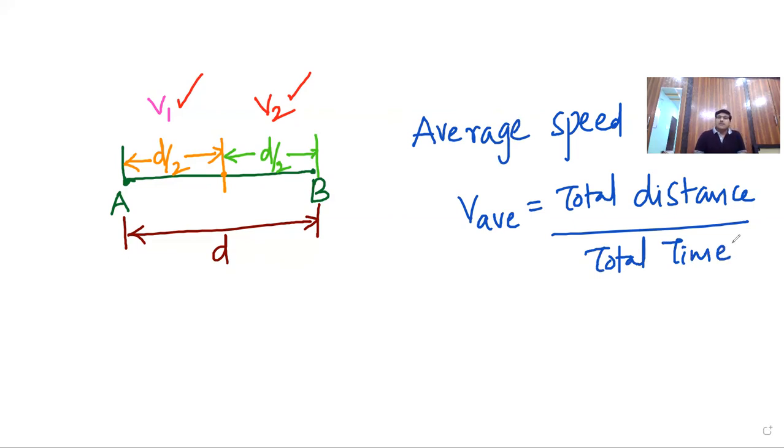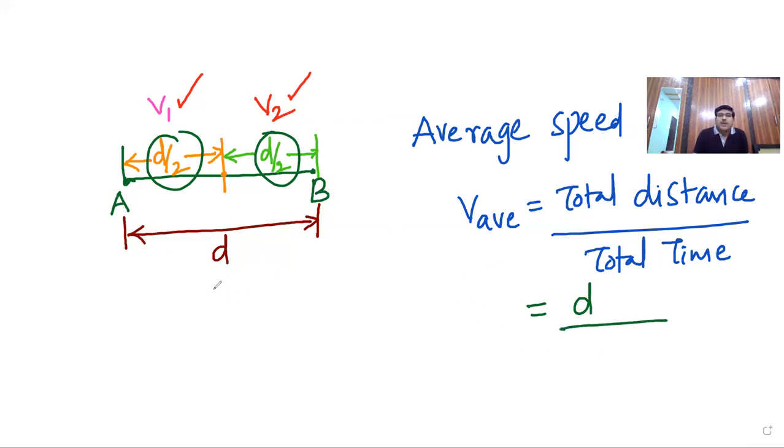What is the total distance traveled? D by 2 for the first half and again D by 2 for the second half. D by 2 plus D by 2 is D. Total distance is D.